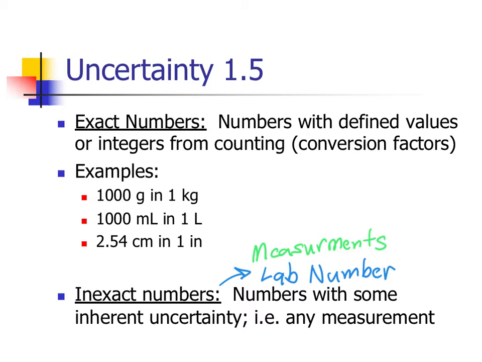Now, the density of aluminum isn't even truly an exact number because it can always be refined and refined and refined. The density of water isn't an exact number because it's based off of measurements, and it can be further refined and further refined.